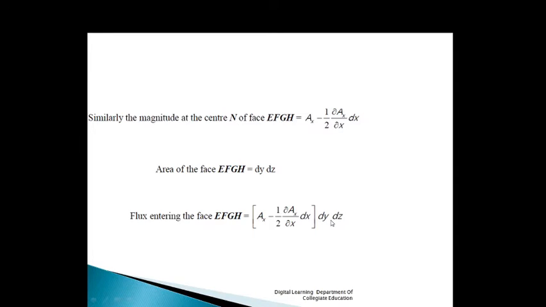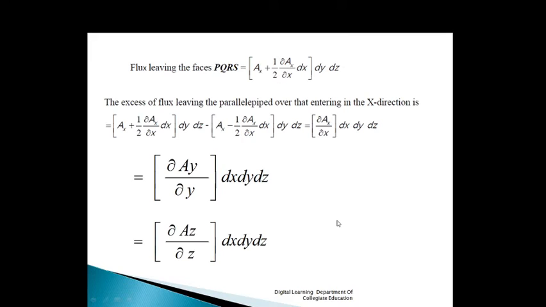Therefore, into the area, the flux entering the face EFGH can be written this way. Similarly, the flux leaving the face PQRS can be written as A of x plus half of dou A of x by dou x into dx, into dy dz.